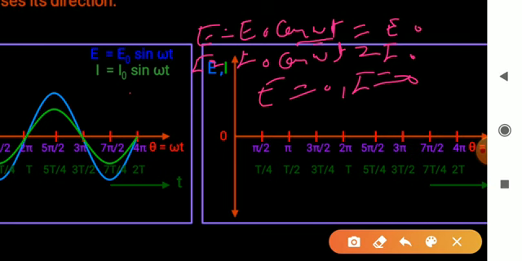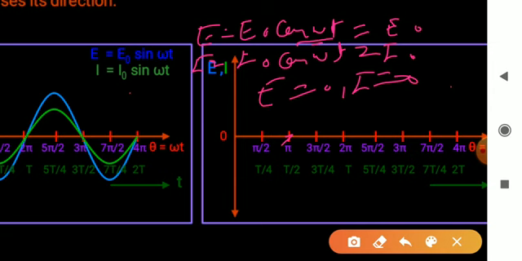At pi, the value of cos pi is minus E naught, and I equals I naught cos pi by 2, so its I value equals minus I naught. At 3 pi by 2, its value is again 0, and at 2 pi, its value is E naught and the value of I is I naught.